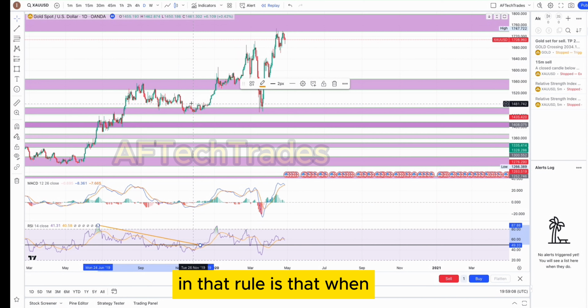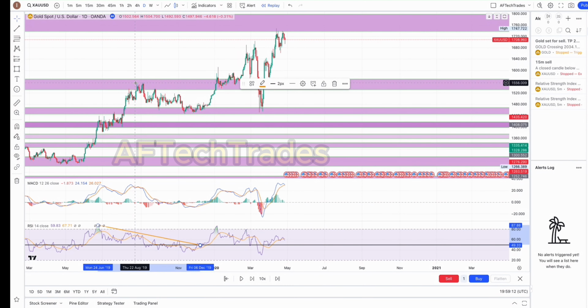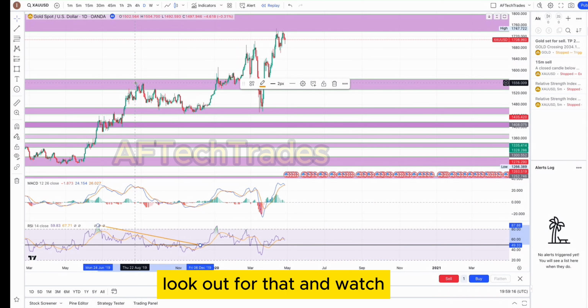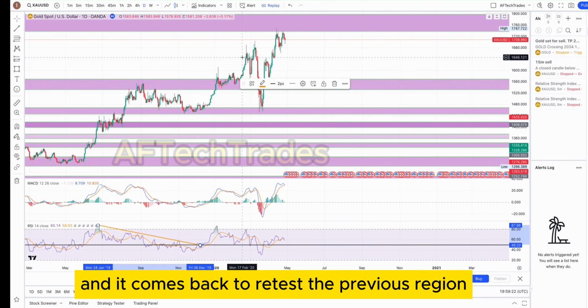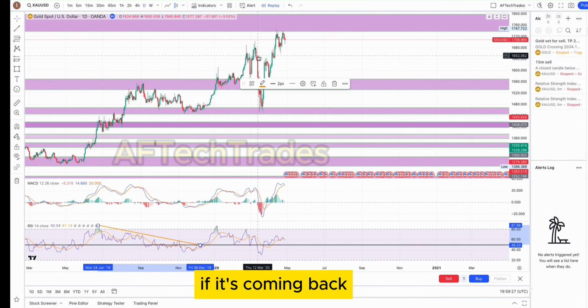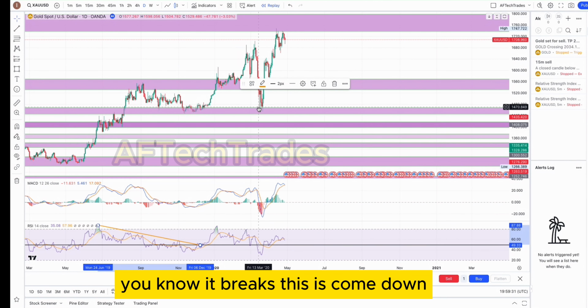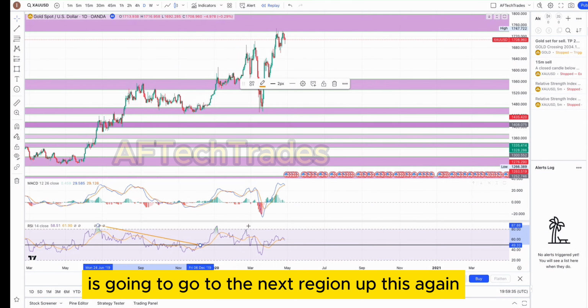In that rule, when a structure is broken, I mentioned it during the Fibonacci retracement video, look out for that. When one of the key regions is broken this way and it comes back to retest the previous region, it's going to go above this. You know, it breaks this, it comes down. Then if it's breaking it again, it's going to go to the next region up.